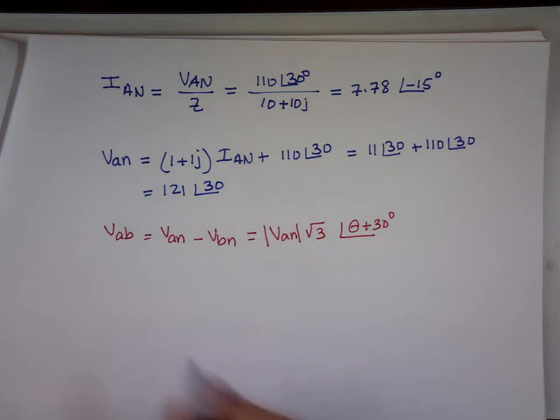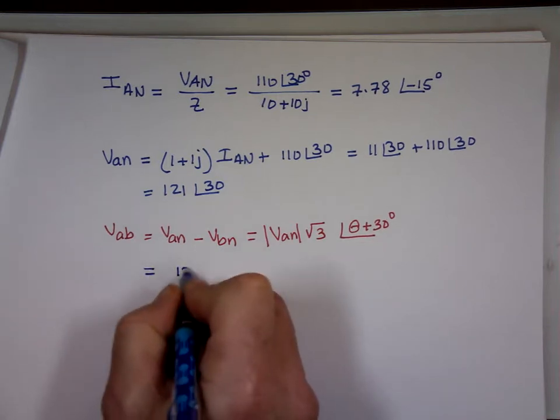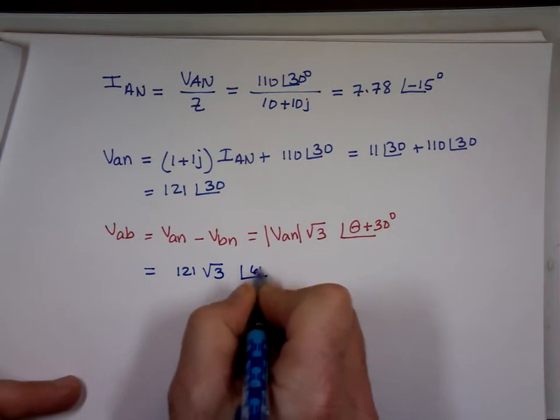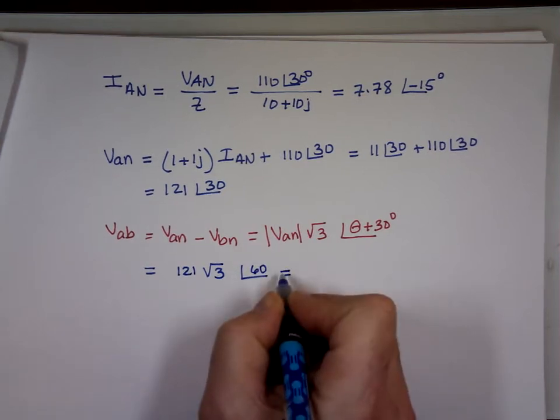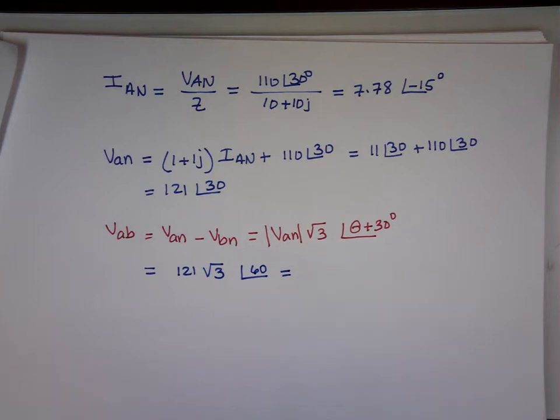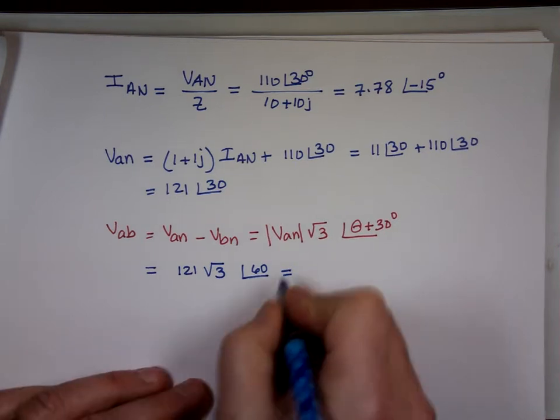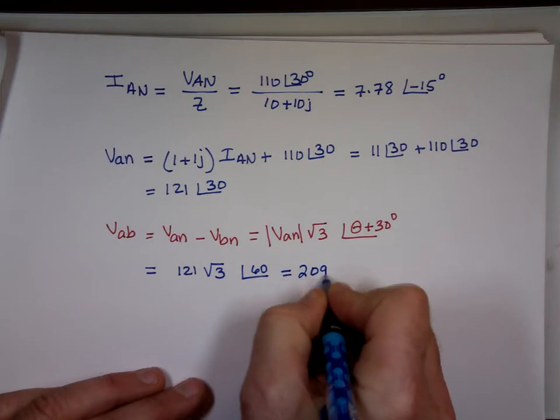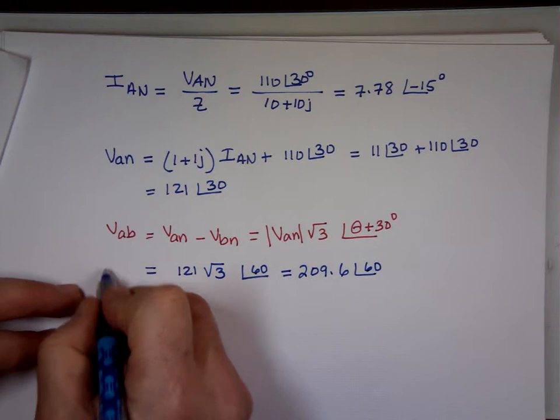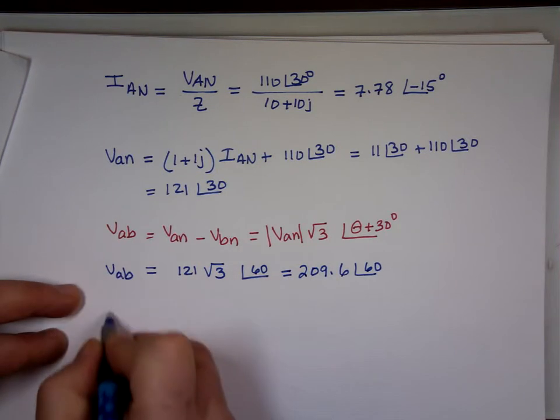So when you do that, you're going to have 121 times the square root of 3, and the angle will be 60, which is 209.6 angle 60. That's VAB.